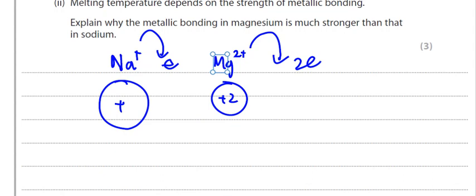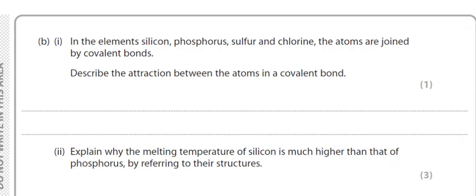So you can mention that magnesium has a greater number of delocalized electrons than sodium does. That's one of the points. Then you can say magnesium has a greater charge of the cation than sodium and also a smaller size. We can in short say greater charge density. As a result, magnesium has a greater electrostatic attraction towards the electrons, resulting in a stronger metallic bond.